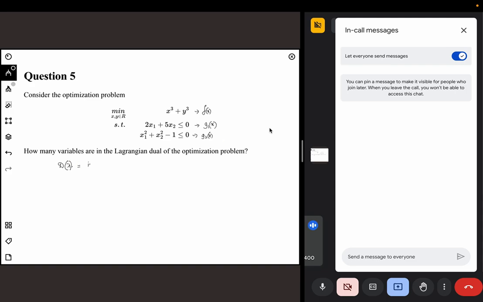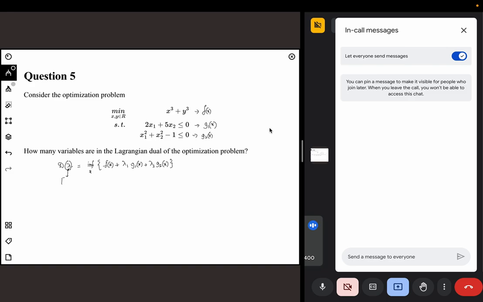That will be infimum over the x of f of x plus summation over all whatever variables you have, lambda 1 times g1 of x plus lambda 2 times g2 of x. So this is my dual function.